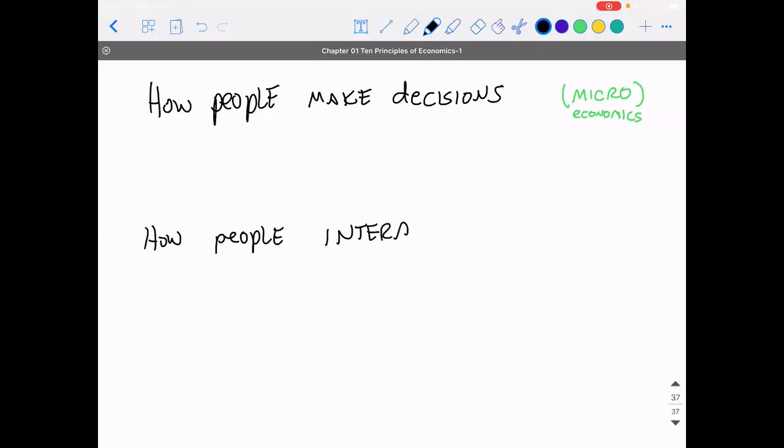How people interact with one another, which is also kind of a microeconomic aspect.